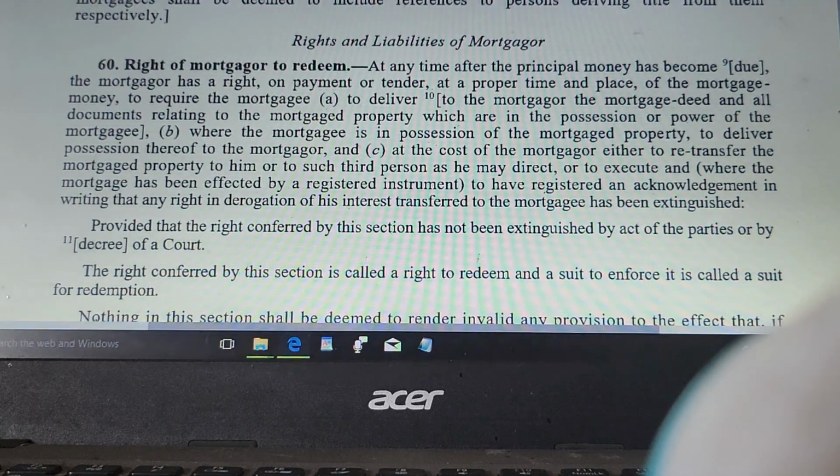and (c) at the cost of the mortgagor, either to retransfer the mortgaged property to him or to such third person as he may direct, or to execute and, where the mortgage has been effected by a registered instrument, to have registered an acknowledgement in writing that any right in derogation of his interest transferred to the mortgagee has been extinguished, provided that the right conferred by this section has not been extinguished by act of the parties or by decree of a court.